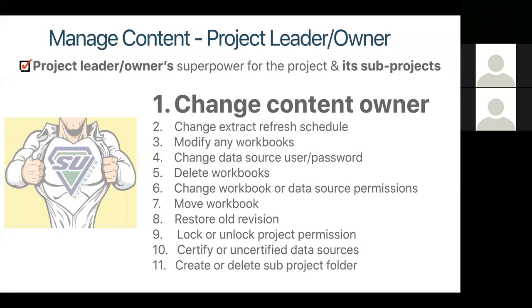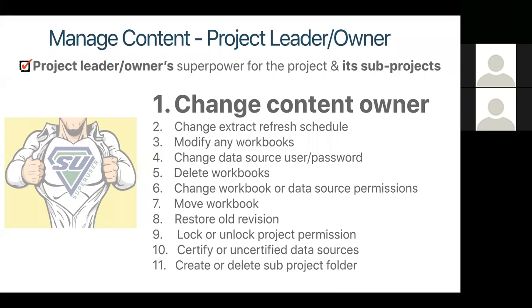Well, remember one thing. A project leader or owner is able to change the workbook or data source ownership. He can change the owner to himself, or he can change the owner to somebody else. Think about that. If I'm a project leader and someone else has a workbook in my project, I'm able to change the owner to me. Now I'm becoming the new owner.